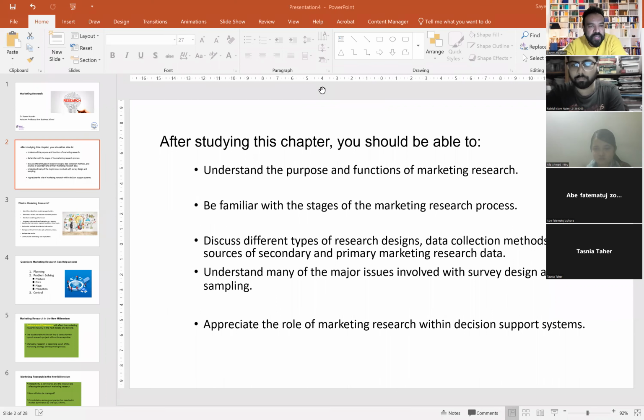As I mentioned, this is one of the key takeaways from this course, and you will find it really useful when you go to the real world, because it is all about how brands accumulate knowledge from the market through research. It's purely based on marketing research.